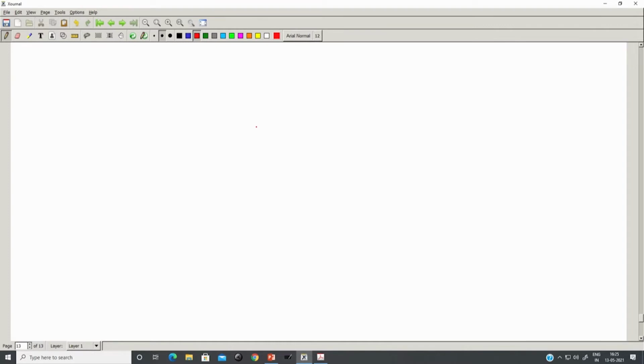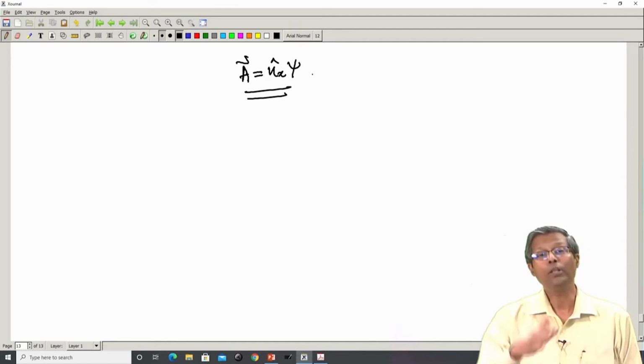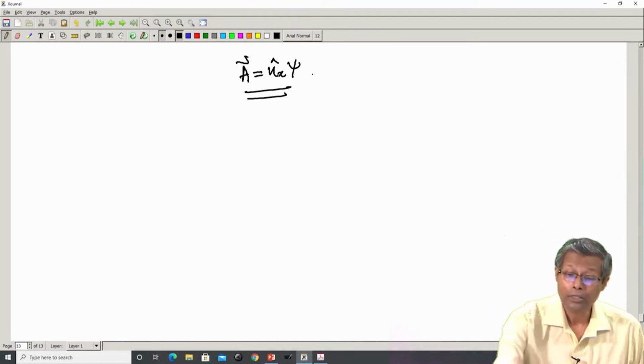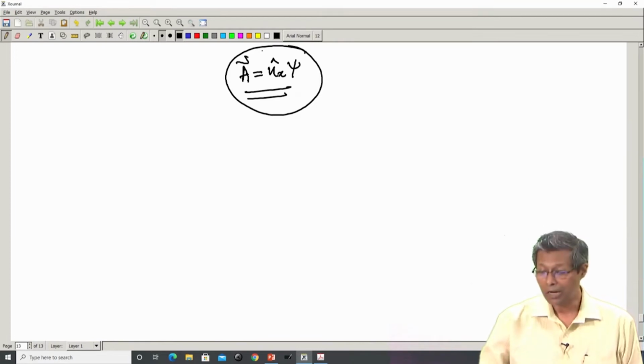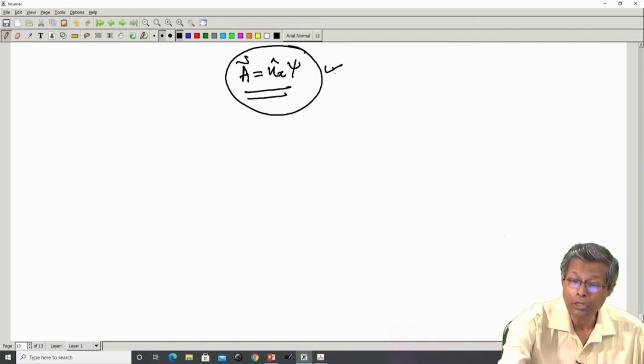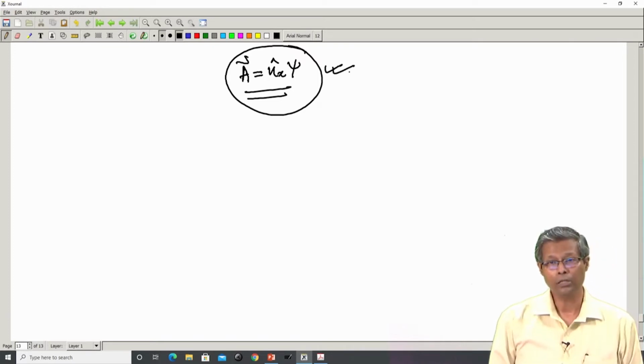From these potential functions, we can use the expressions which relate the electric and magnetic fields with the psi function for this substitution, A equal to ux psi. So, they can be used to find out the electric and magnetic fields of the LSM modes.